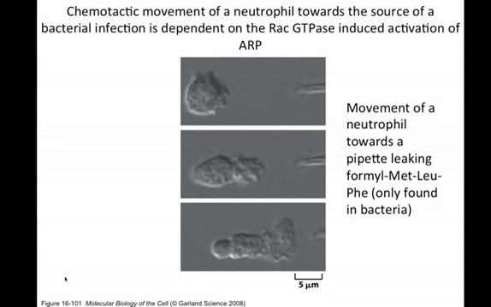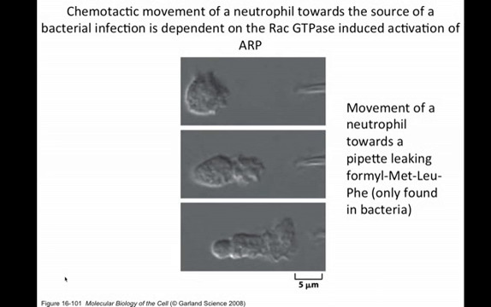Remember we started out talking about cells chasing bacteria way back in the day, weeks ago. So a neutrophil is going to move towards the source of a bacterial infection, right? And so that's what this is showing here.